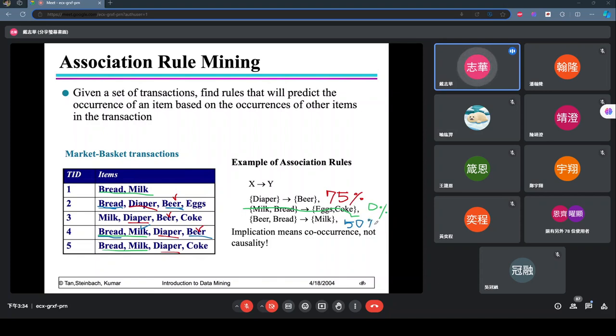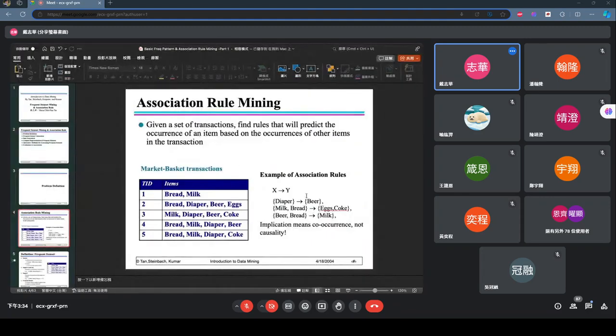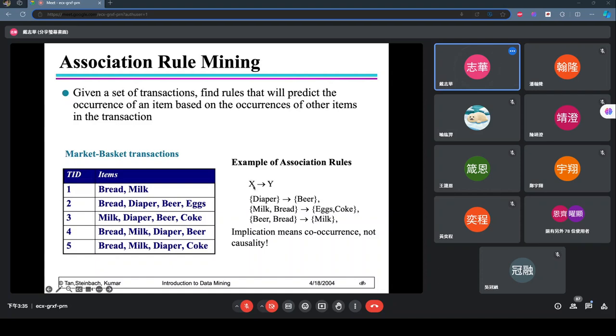So given each rule, we could do the calculation by scanning the database once. But the problem is there could be a huge amount of such rules, as I said. Here we have bread, milk, diaper, beer, egg, Coke. We have 6 different items, right?